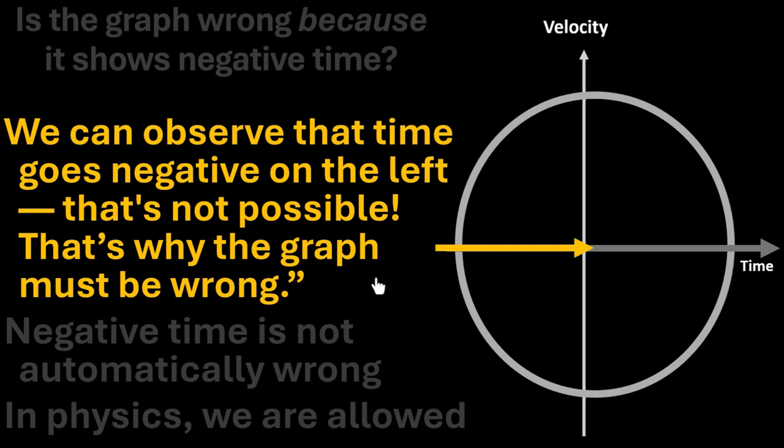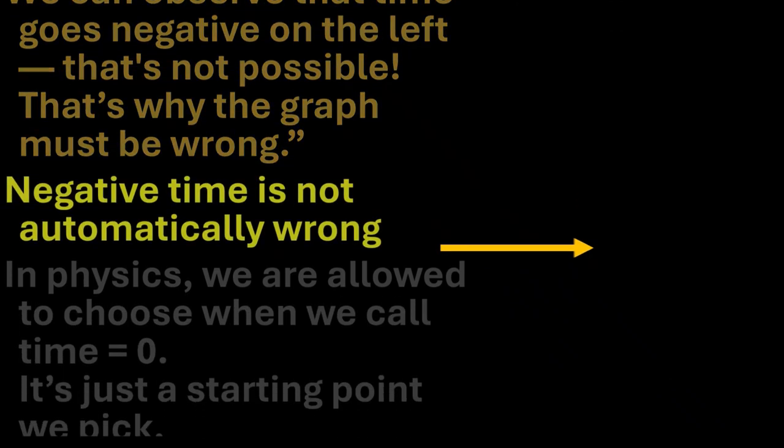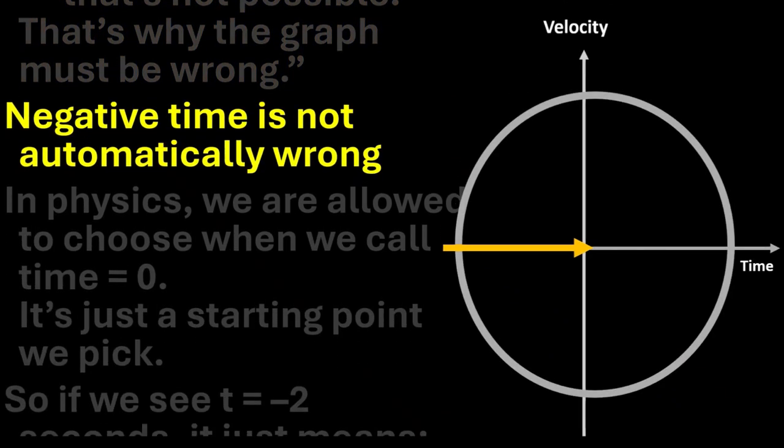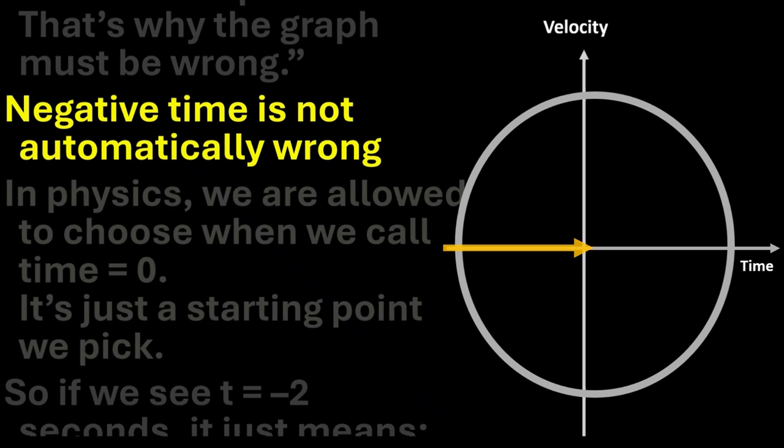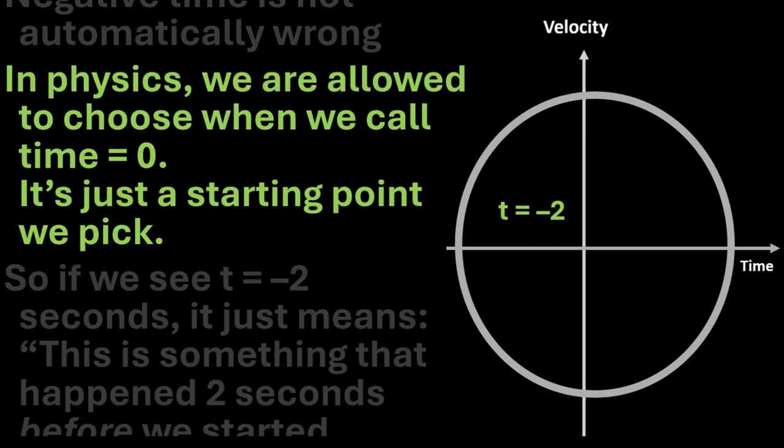And therefore, this graph should be incorrect. But negative time automatically doesn't mean that the graph is wrong. Why? Because we were just discussing the case of the swing, right? So we know that time t equal to 0 is not the actual start of the motion.